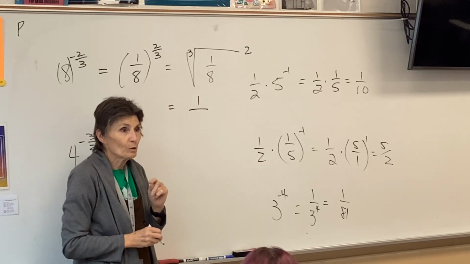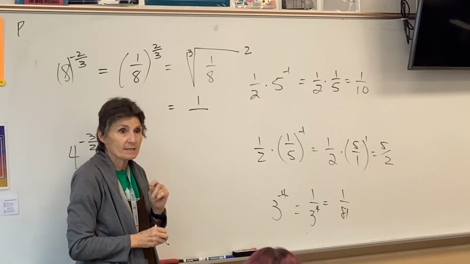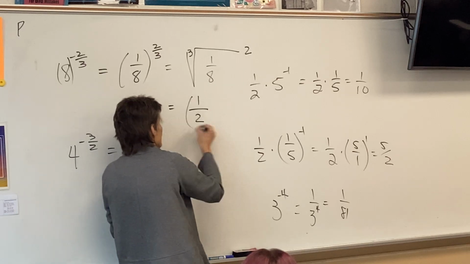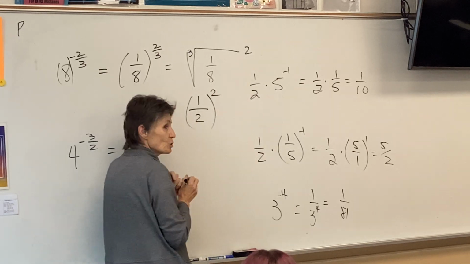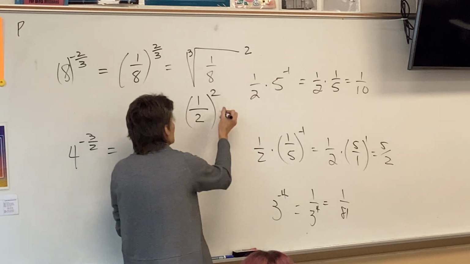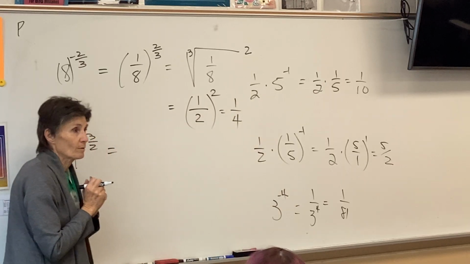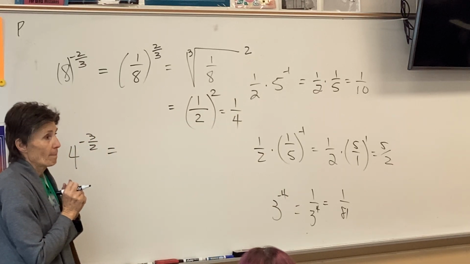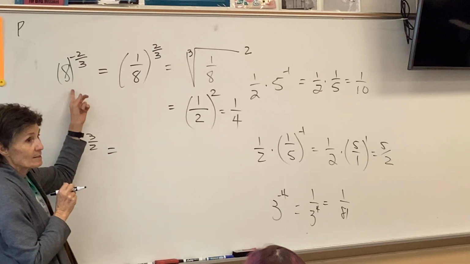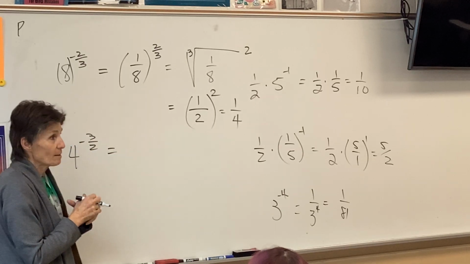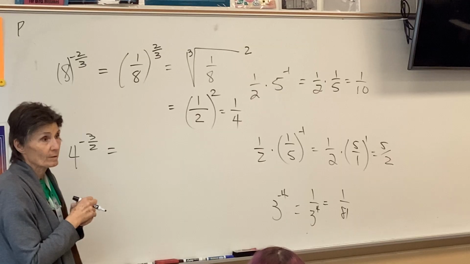The cube root of 8 is 2. But now I still have to square it, so it'd be 1/4. My final answer is 1/4. If you type this into your calculator, it's going to say 0.25, which is 1/4.